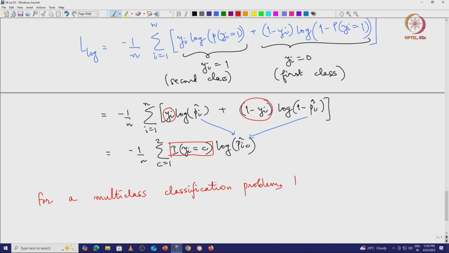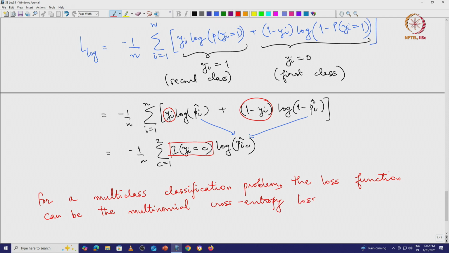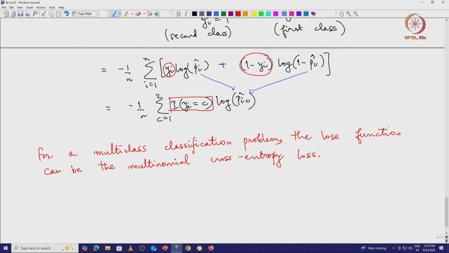So, the loss function can be the multinomial cross entropy loss, and that is essentially L equals minus 1 over n, average over all the data points, you sum over all the points and then you sum over all the classes.